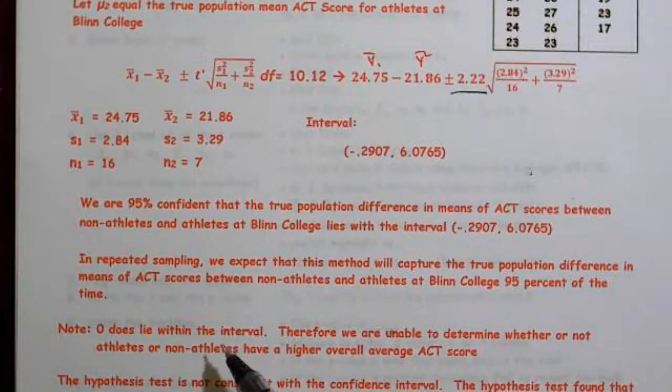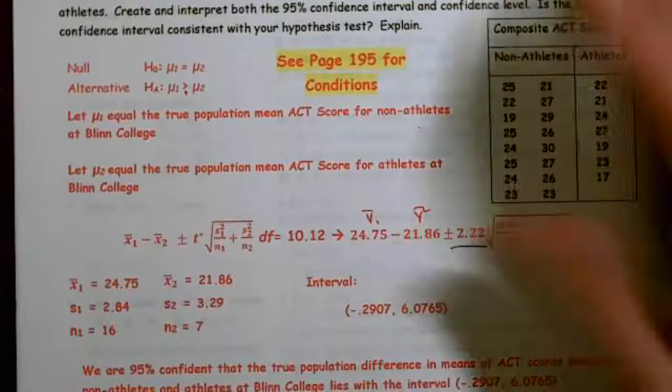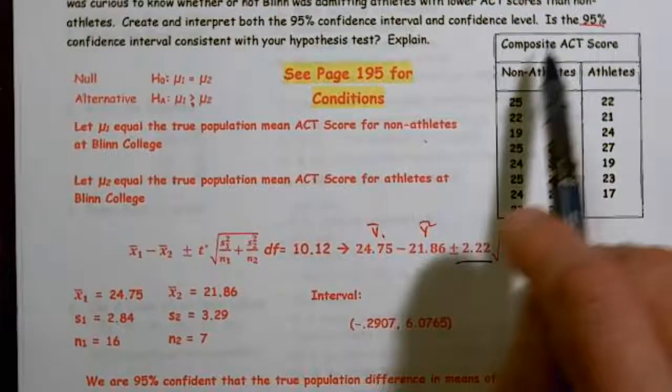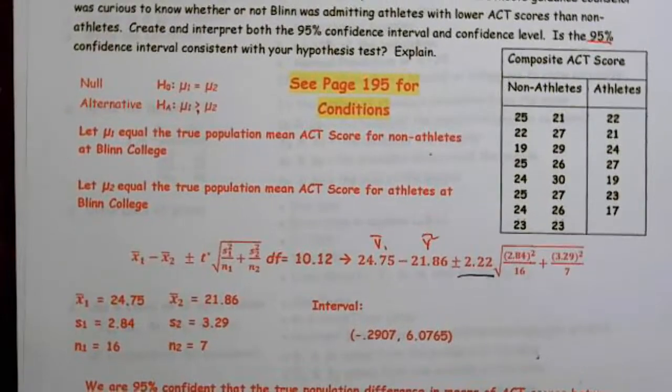We should note, if they ask us, is there a difference? 0 lies within the interval. Therefore, we are unable to determine at the 95% confidence level whether or not athletes or non-athletes have higher overall ACT scores.